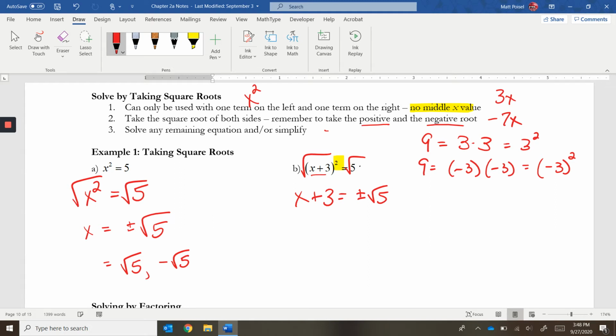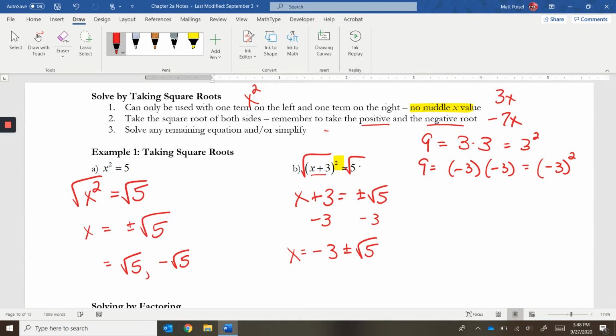We want to get the x by itself. So we're going to subtract 3 from both sides. And we are left with x equals, now just like we talked about complex numbers, usually we do the real number first and then the imaginary. This is going to look similar. So we're going to go negative 3 plus or minus the square root of 5. Usually the real number without any radical and then the radical, just to keep in the same order as everybody else.